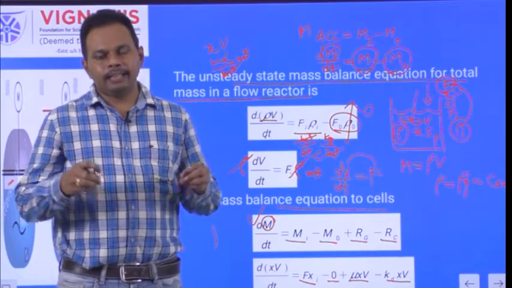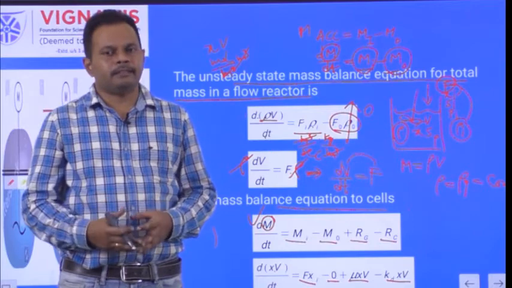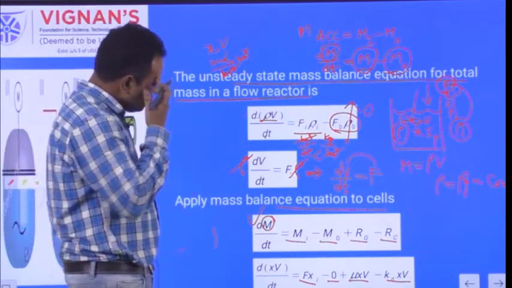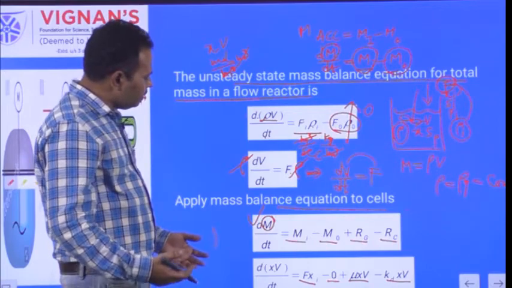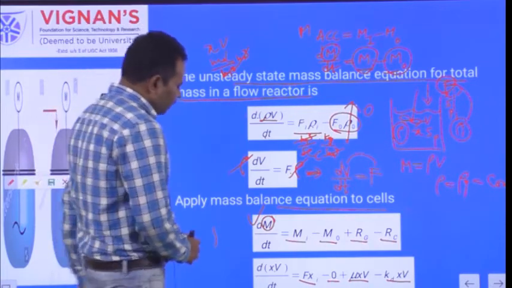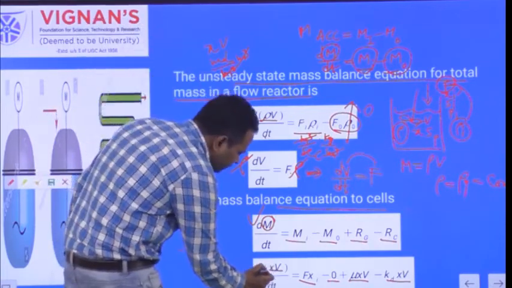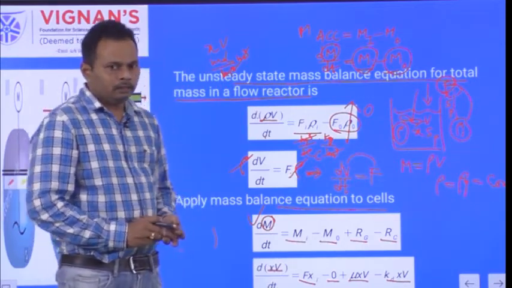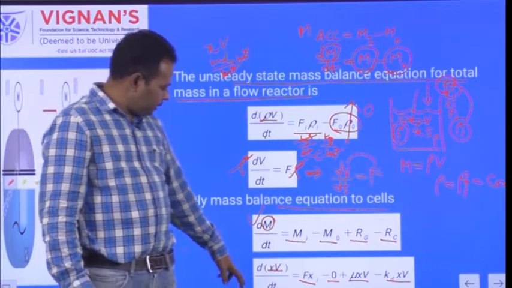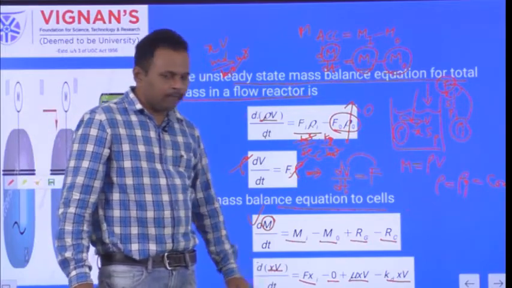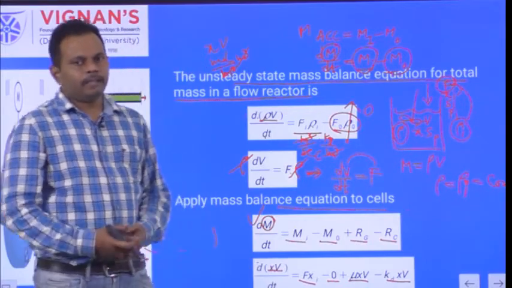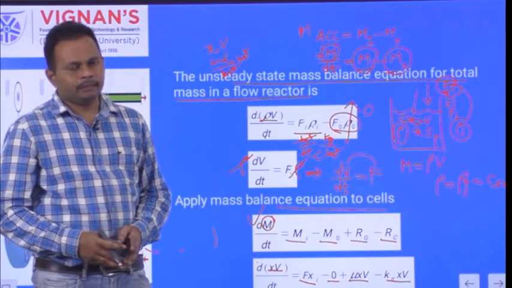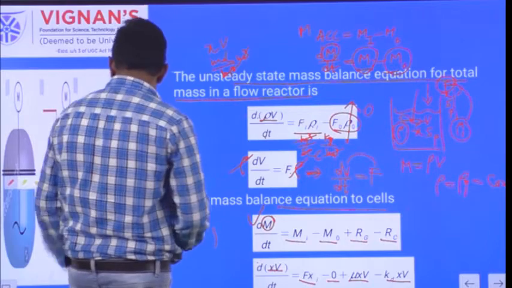Each cell within the fermenter divides, so the cell concentration also increases. On the left hand side, d/dt of xV, both x and V are variables. Two variables are varying with respect to time, so we can use the product rule from mathematics: u into dv plus v into du.